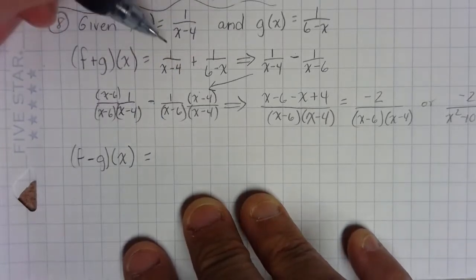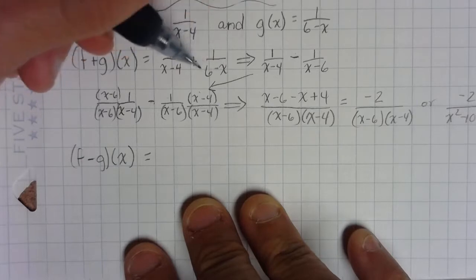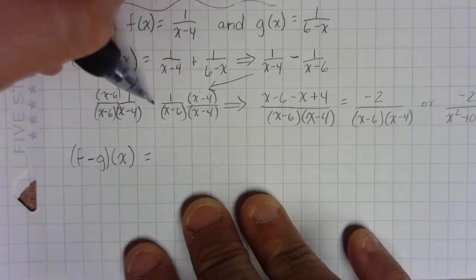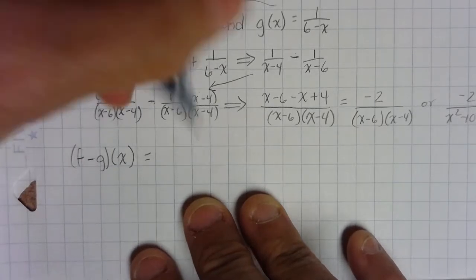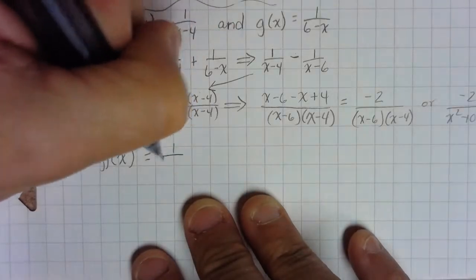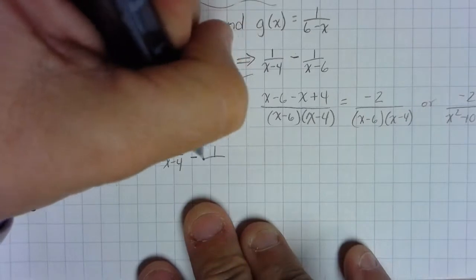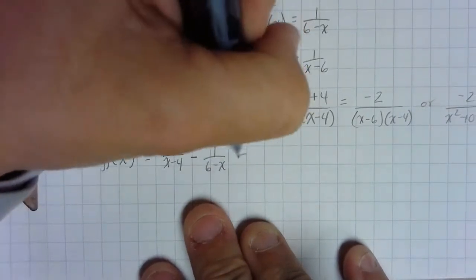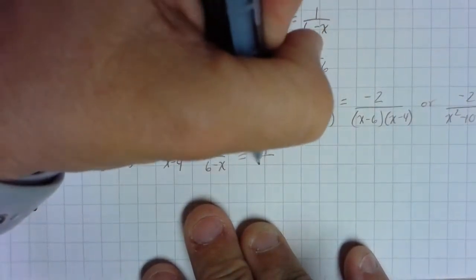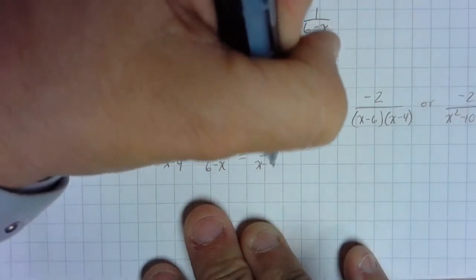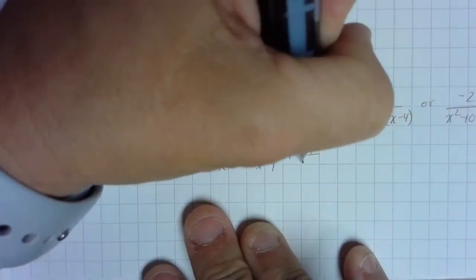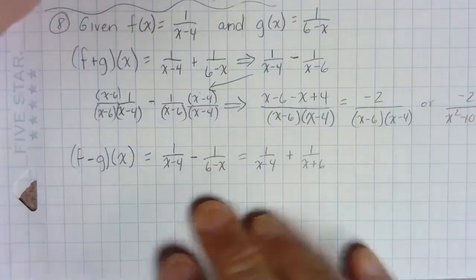When I pulled the minus out and rearranged this and it became a negative, it's actually going to become a positive. So we'll have 1 over x minus 4 minus 1 over 6 minus x, which would become 1 over x minus 4 plus 1 over x minus 6.